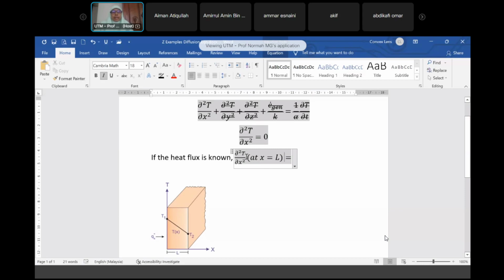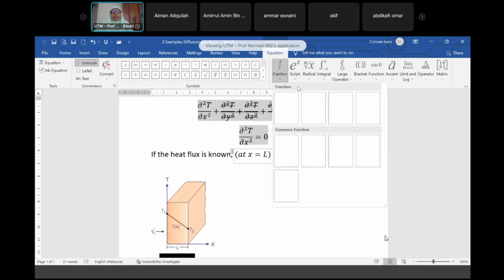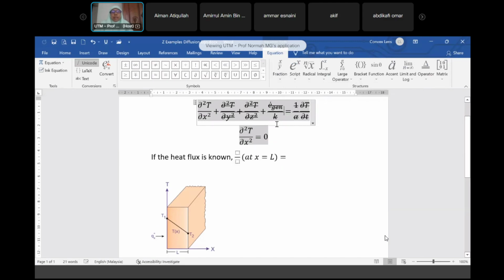dT/dx, this is not the one. Let me take that one. It's a bit slow to come once, but once you use it, it's there. So we have here dT/dx at x equal to some L or x equal to 0 possibly.